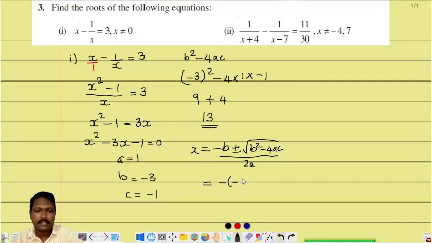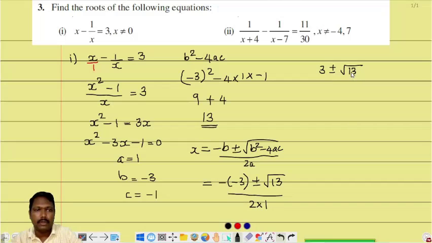It is minus 3. So minus of minus 3. Don't forget this one. Minus of minus 3 plus or minus root of b squared minus 4ac, which we got as 13, all divided by 2a. 2 into a is 2. Minus of minus 3 will be plus 3 plus or minus root 13.